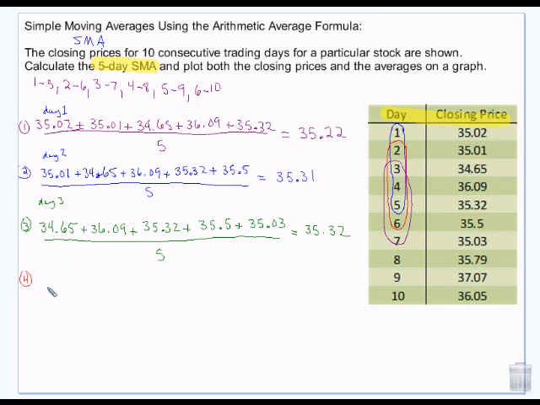Day 4. Divide by 5, and you get 35.55. Day 5, we're almost done.